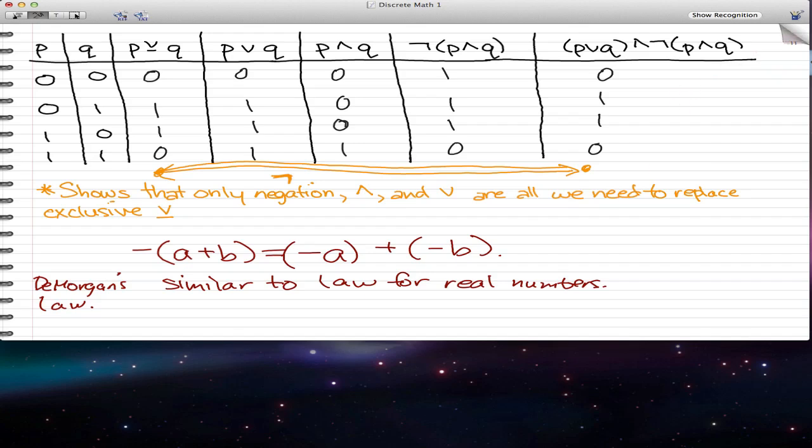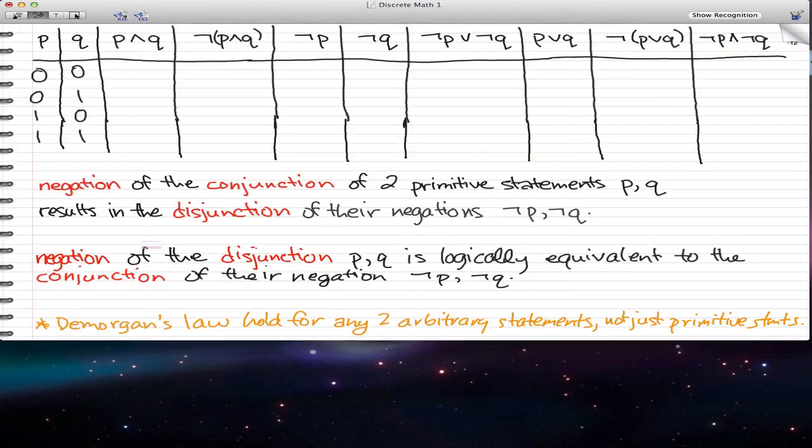So if we go back to that table, again, I'd like you to take a minute and fill this whole chart out if you could, but I'm just going to go straight ahead and do it. P and Q is 0, 0, 0, 1. Negate that: 1, 1, 1, 0. Negation of P is 1, 1, 0, 0. Negation of Q is 1, 0, 1, 0.